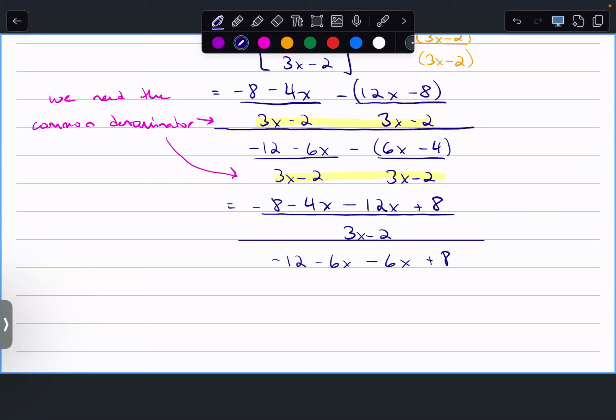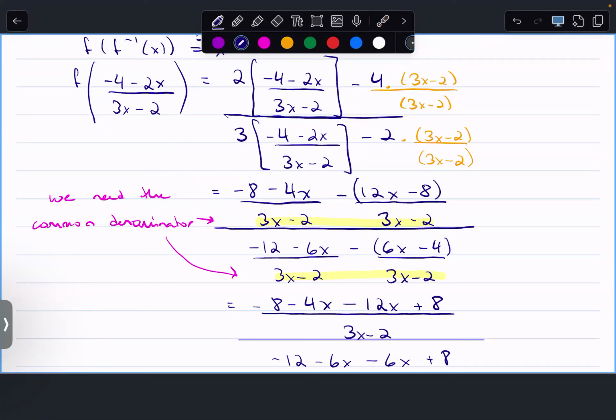We'll see. Maybe I did something wrong. Has anyone caught something where I did something wrong? Where? Yes. I'll do it in red because I'm in trouble.